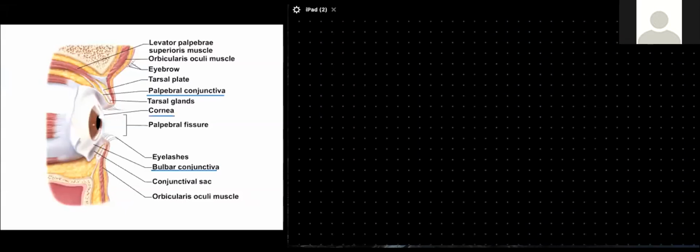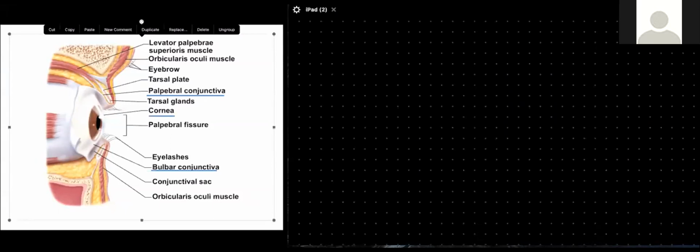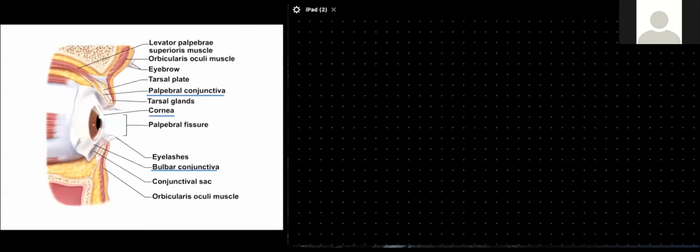Before we start our discussion of the vision, we need to have a general overview of the structure of the eye. If we're looking on here, you will see that the eye is kept inside a bony socket. This is my orbit.